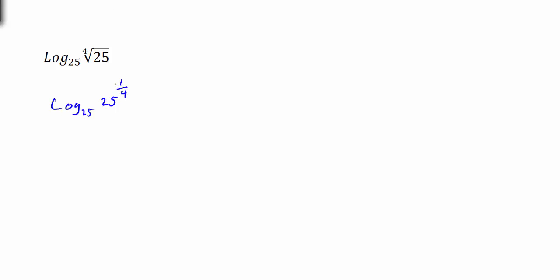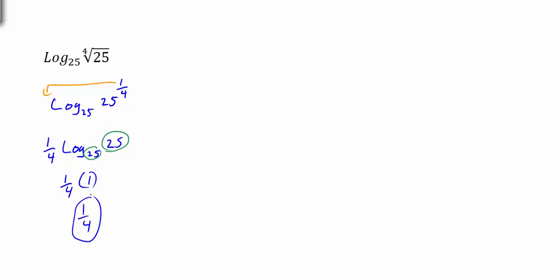And then, just like we did before, we can take this exponent and pull it out front, and we would have 1/4 times log base 25 of 25. And again, because these bases match up, we're going to be left with 1/4 times 1, which is simply 1/4.